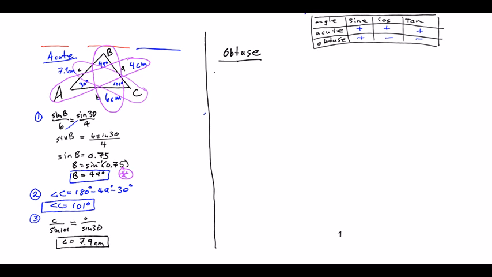So imagine that we actually took a look at this calculation for stage 1. So we say, therefore, there are two possible triangles. Now, this original angle that we found for B was acute.